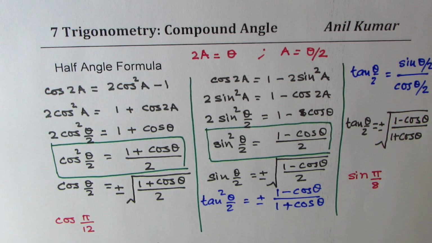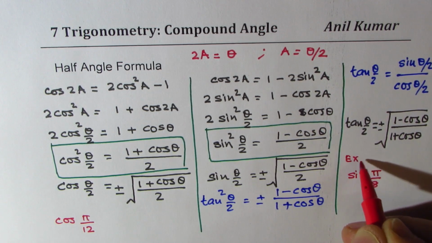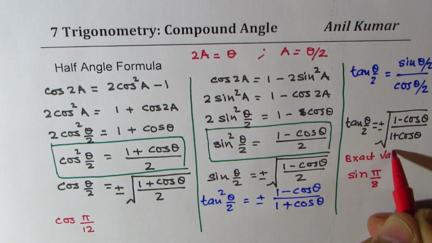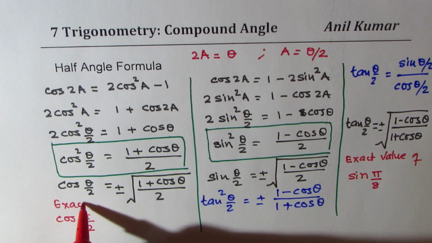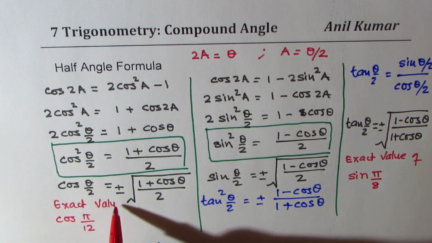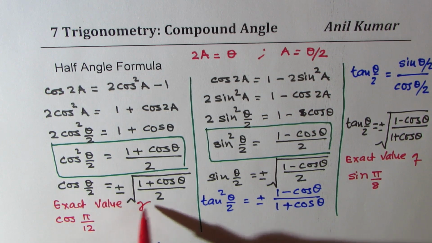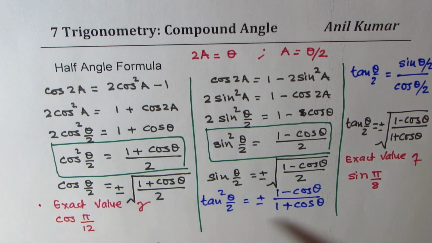So that kind of gives you a lot of variations. So I mean exact value. So let this be practice questions for you. Apply the formula and get the result.